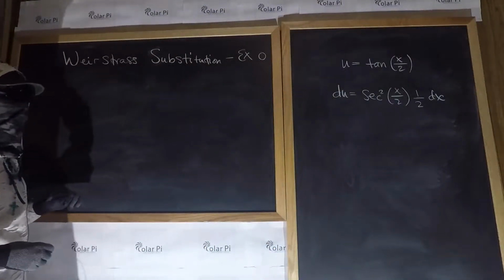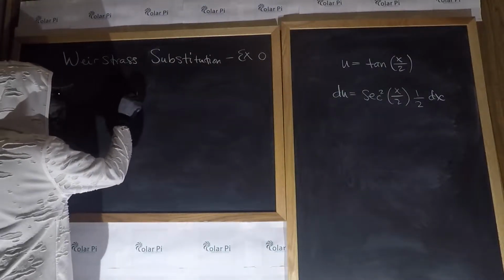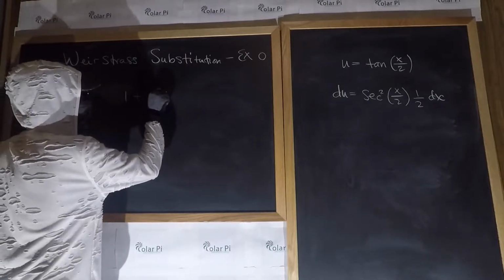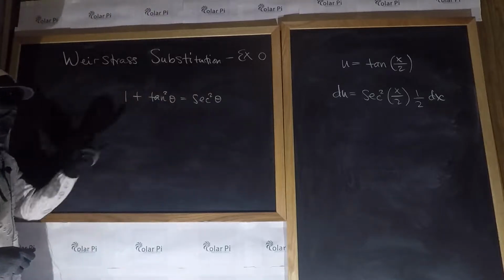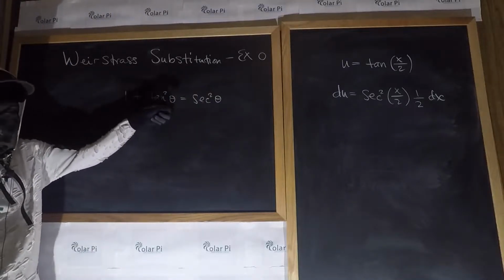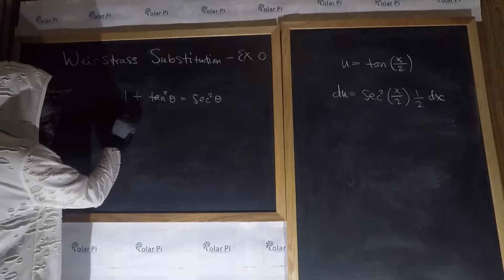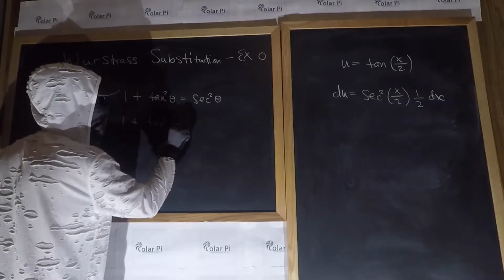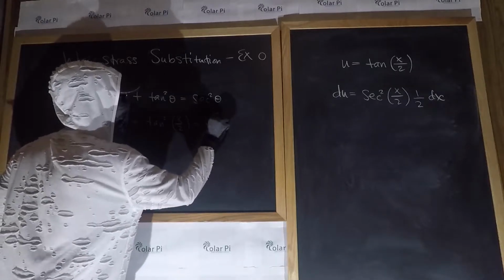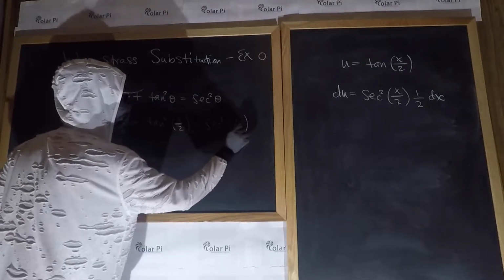And then we recall from trigonometry that 1 plus tan squared theta is equal to secant squared theta. We know this from trigonometry. So when theta is x over 2, we see that 1 plus tan squared x over 2 has to equal secant squared x over 2.